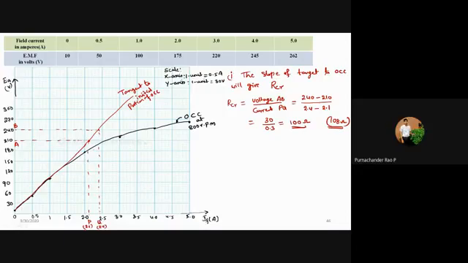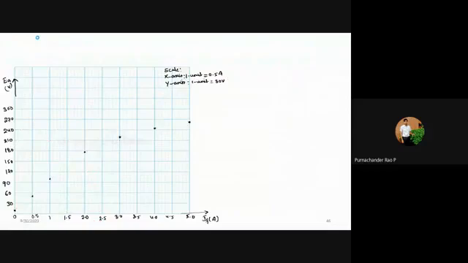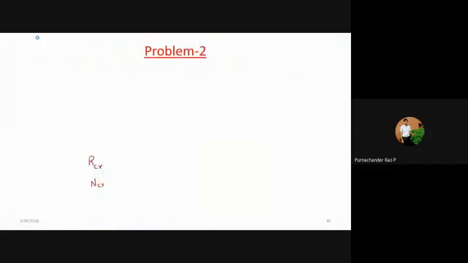Okay, so this is the first part of our problem, finding the critical field resistance. Then the second part is what we need to find. What is the second part from our problem?